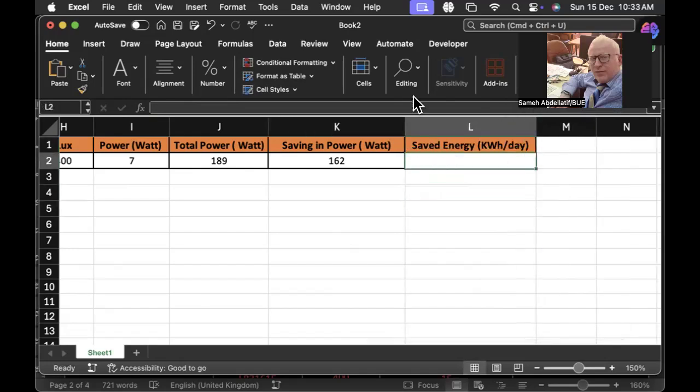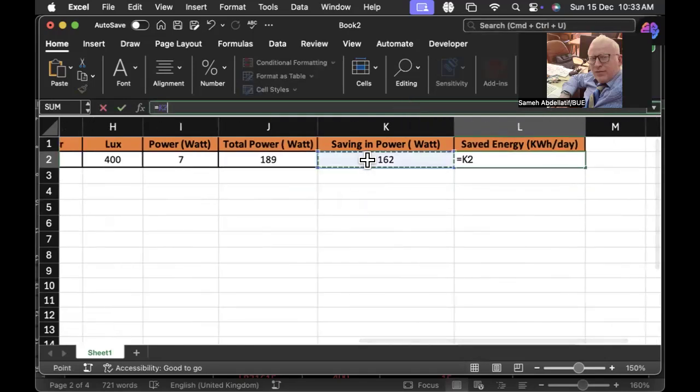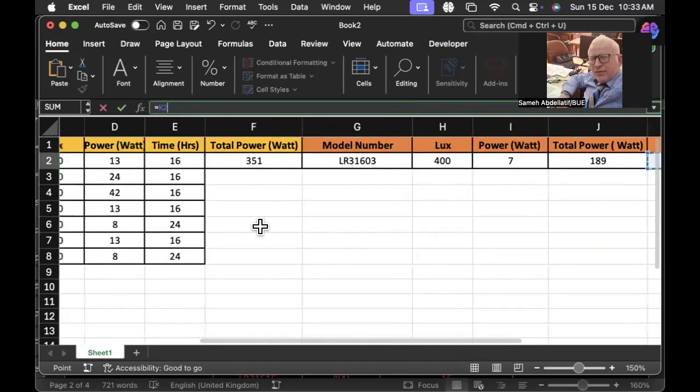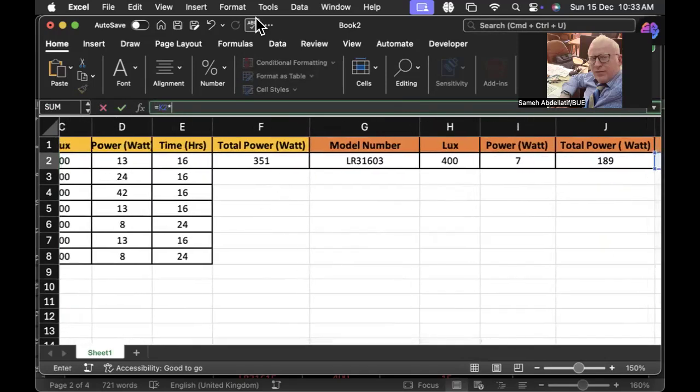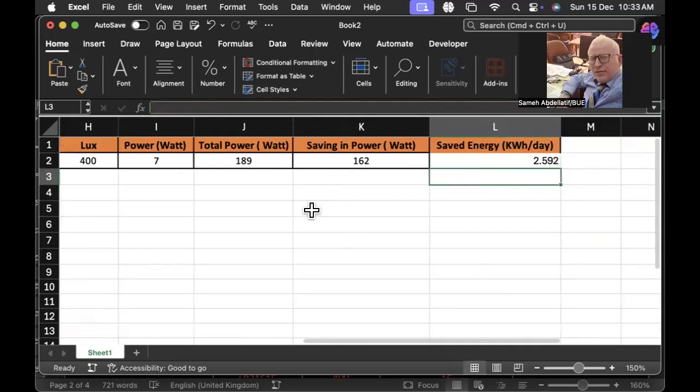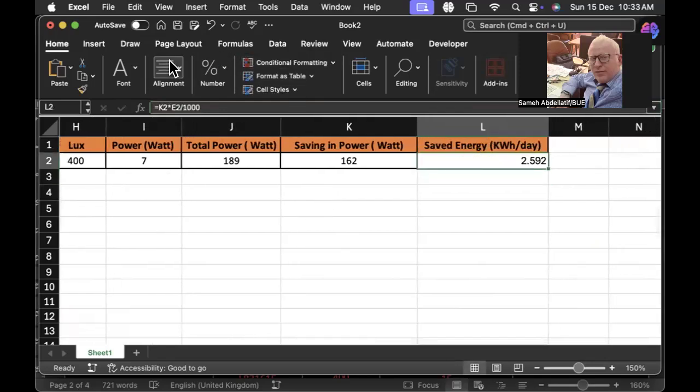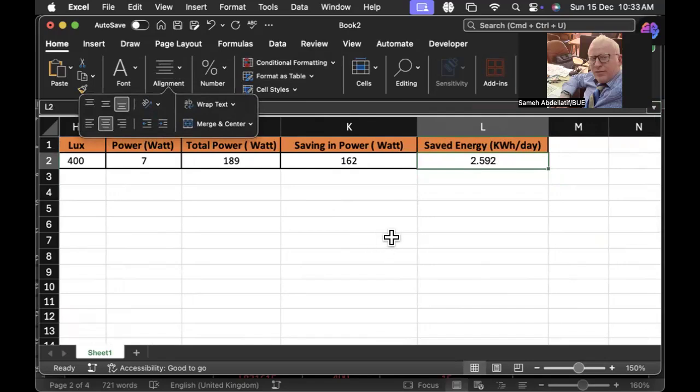So we take this number, which is the power, times the working hours, which is this number, over 1,000 to convert from watt to kilowatt. This is typically what we save, I'm sorry. So we save about 2.59 kilowatt hour per day.